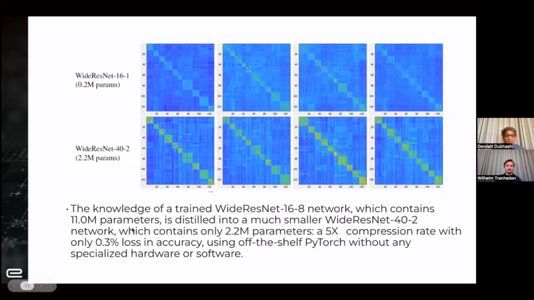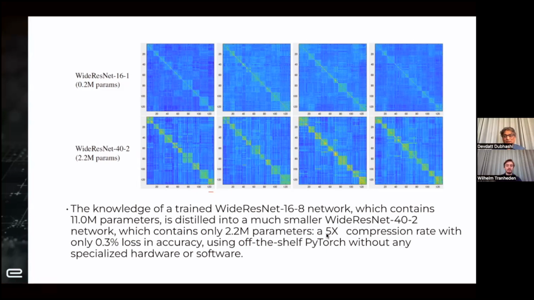So here is an example that is taken from that paper. We have a very large teacher network, and we have a student network that we're going to use the distillation to train. And what you can see is that the knowledge of the trained wide ResNet, which is a network with about 11 million parameters, is distilled into a much smaller student model, which contains only about 2 million parameters.